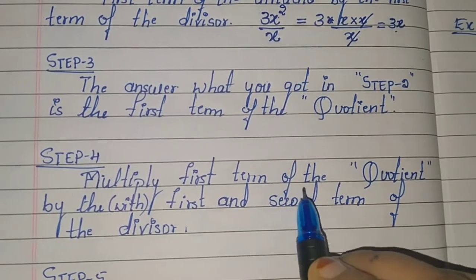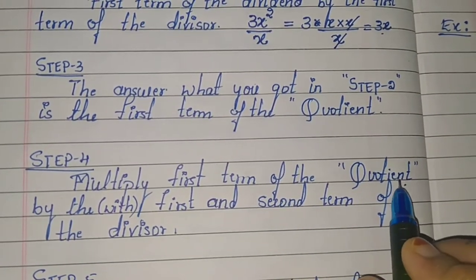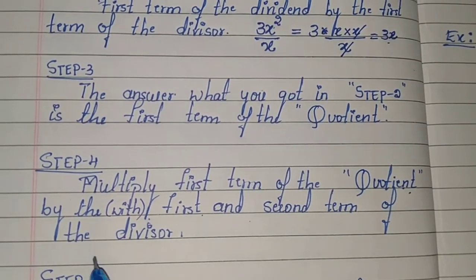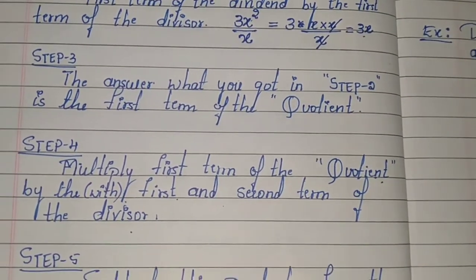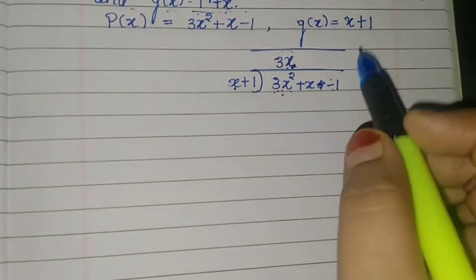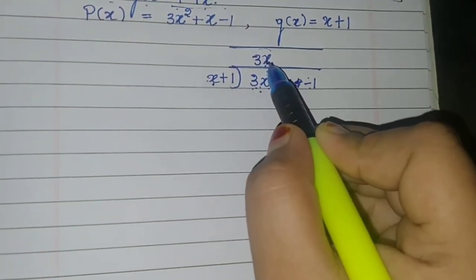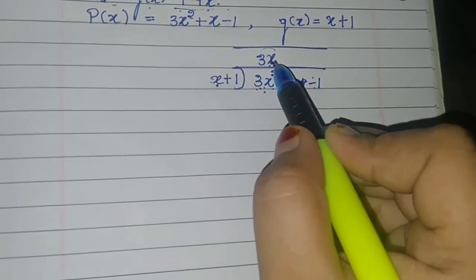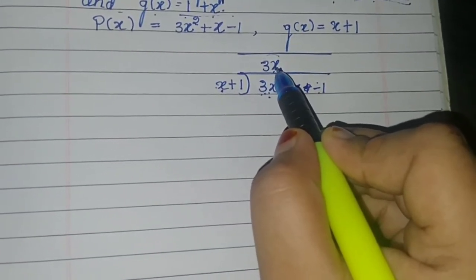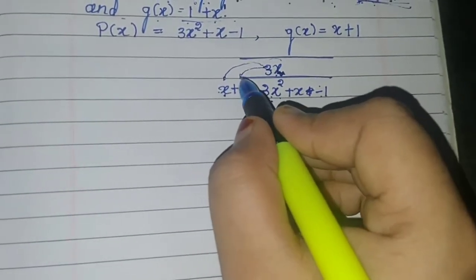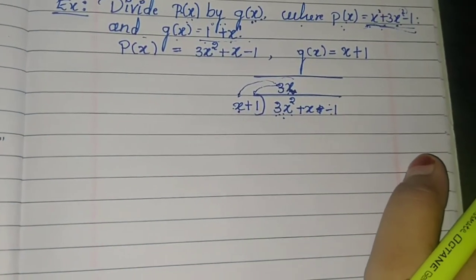Multiply the first term of the quotient by the first and second term of the divisor. So first we will see what you have to consider. 3x is the first term of the quotient. This first term of the quotient is multiplied by the first and second term of the divisor.